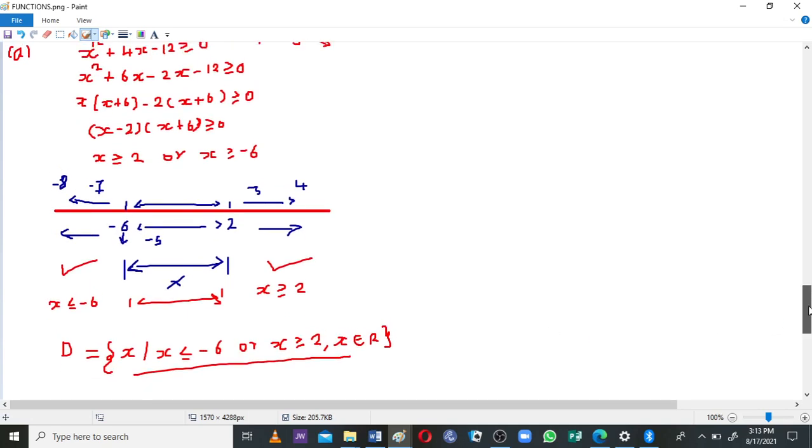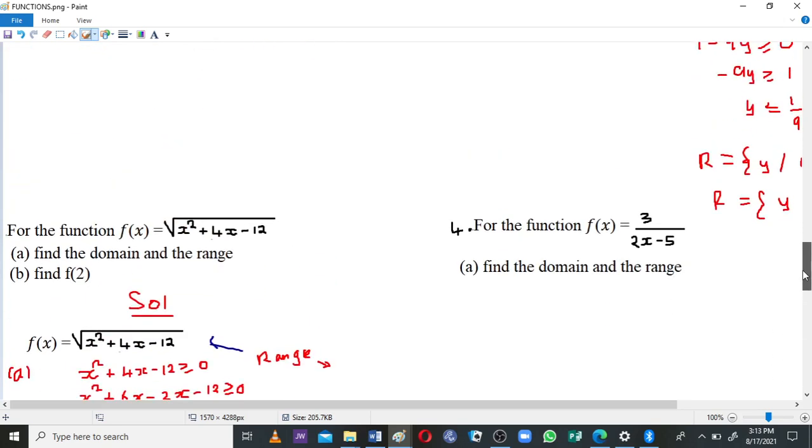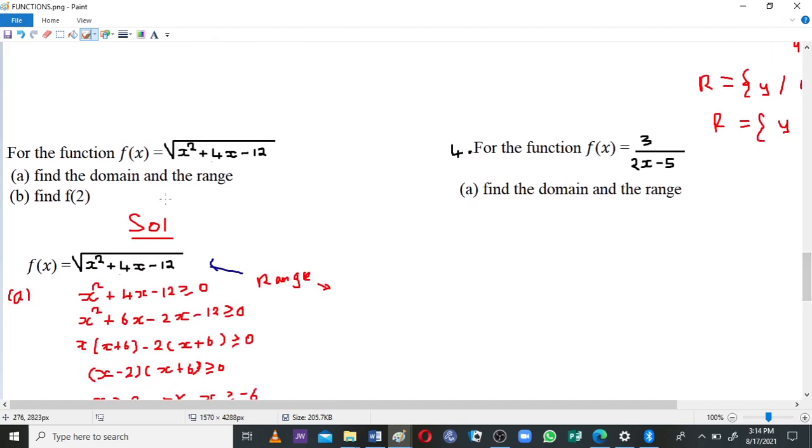For example, since the domain only excludes numbers between -6 and +2, while including -6 and +2, that means if we plug in, let's try plugging into our function x equal to -6, we are going to get f(x) equal to 0.